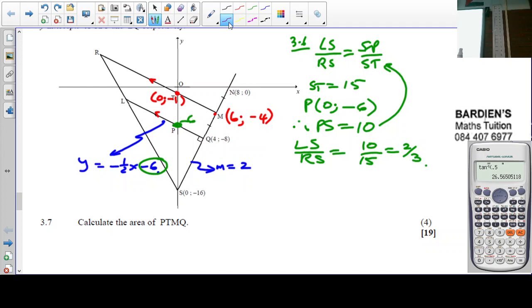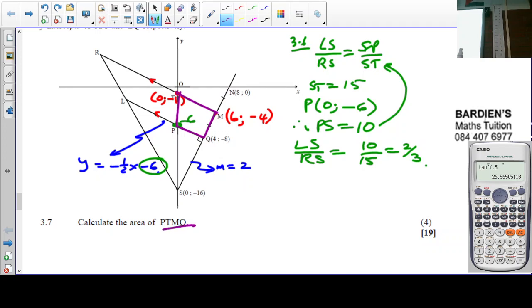So we've got T, P, M, Q. That is the quad that needs to be calculated.